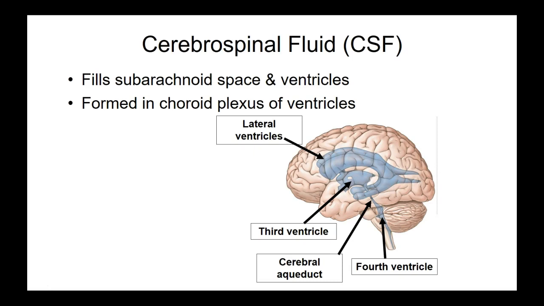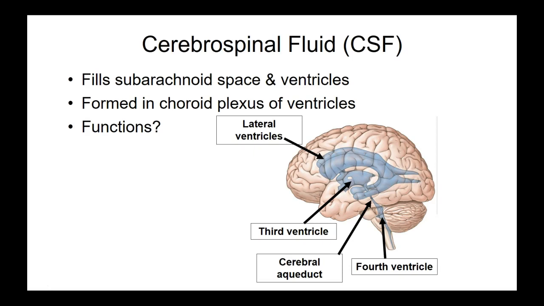All right. So formation of cerebral spinal fluid, and what does it do? Well, it's important for making sure that the nervous tissue is provided nutrients, but also for removing waste so that nervous tissue can function properly.